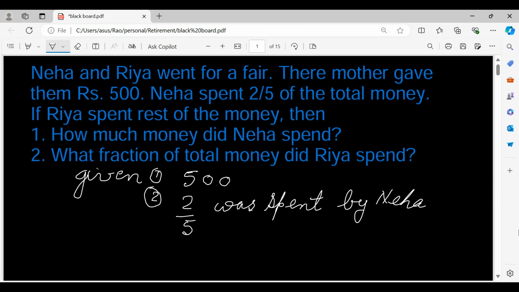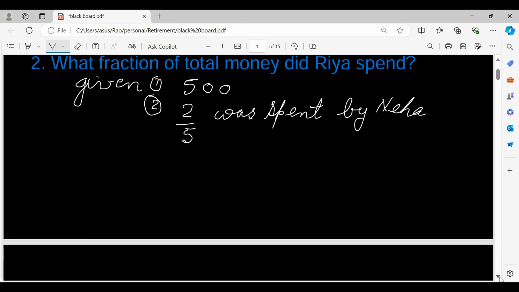And here you should look at this denominator, and this part shows one thing, that 500 has been divided into five parts.